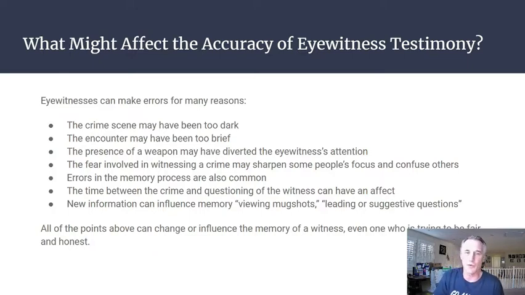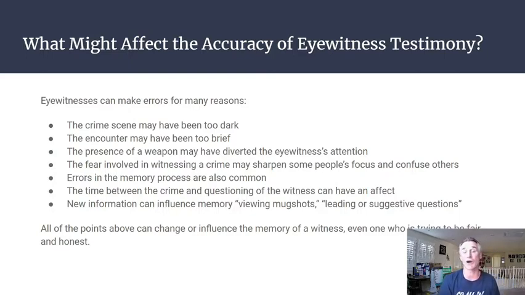The fear involved in witnessing a crime could sharpen some people's focus, while for others it kind of confuses them. Errors in memory processing. That's kind of what I did with you, a little trick, right? I gave you a whole bunch of words that made you think of a particular word, sleep in this case, and basically it's a memory processing error.